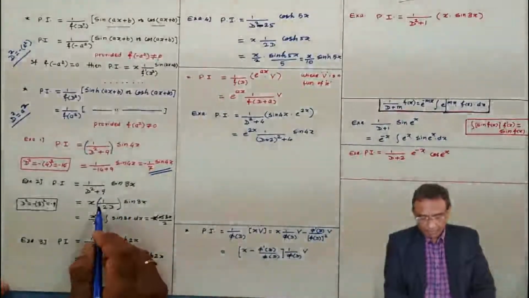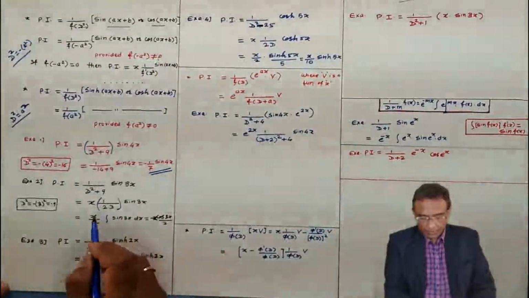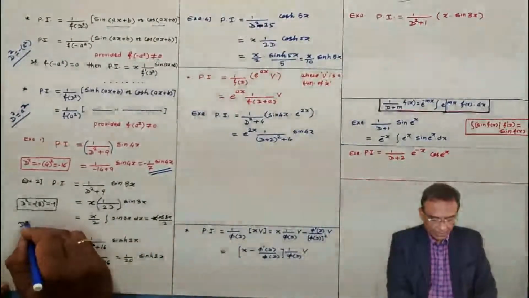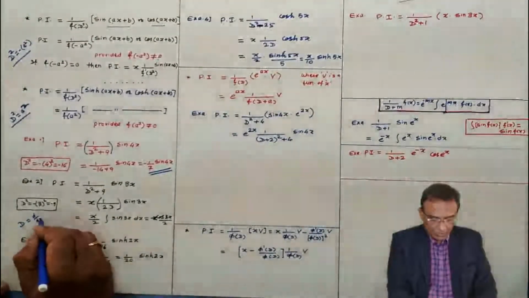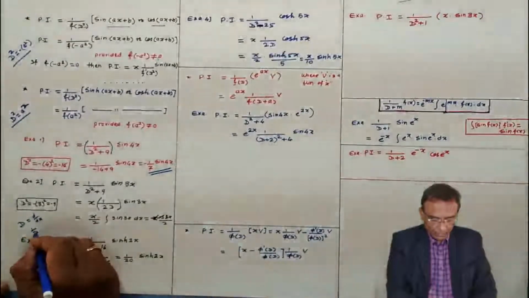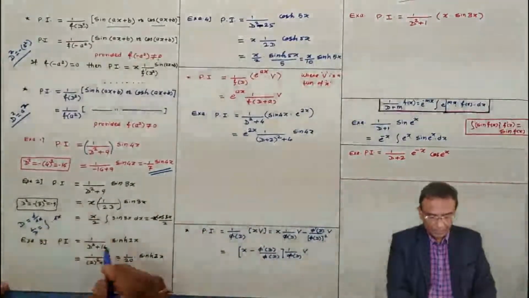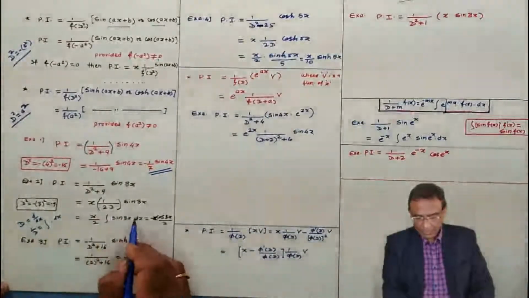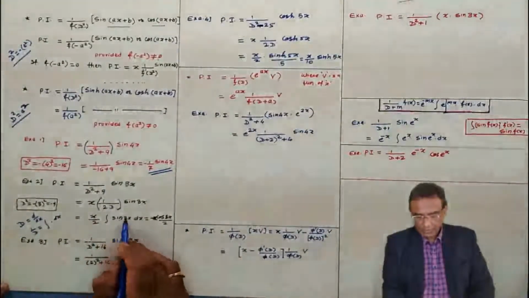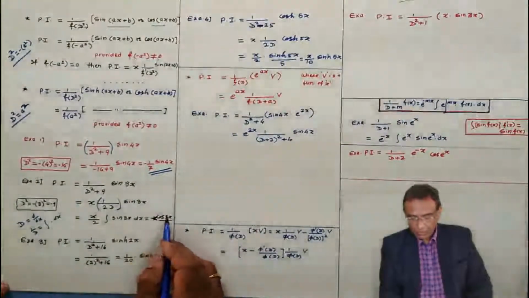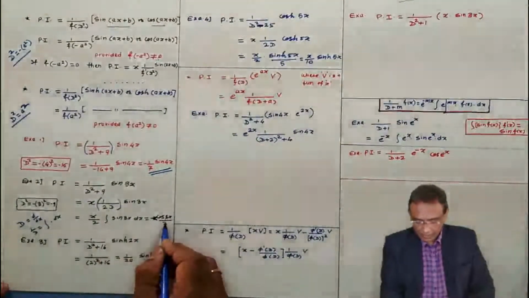Sin 3x. Then 1 by 2 is constant, you can write it outside. And 1 by D is integration, since D is the derivative with respect to x. Therefore, 1 by D will be integration with respect to x. 1 by D means integration of sin 3x, and integration of sin 3x is minus cos 3x by 3.